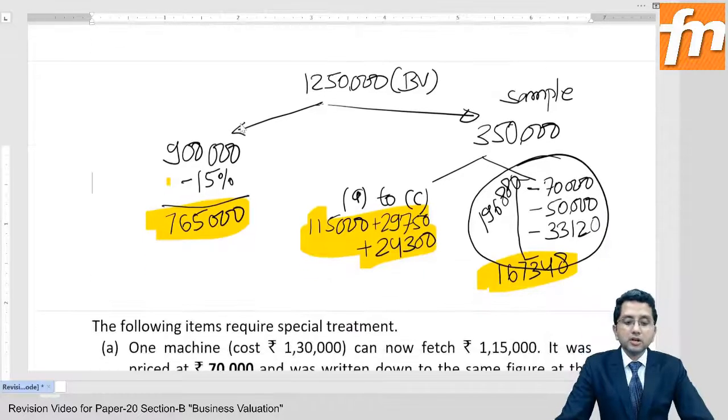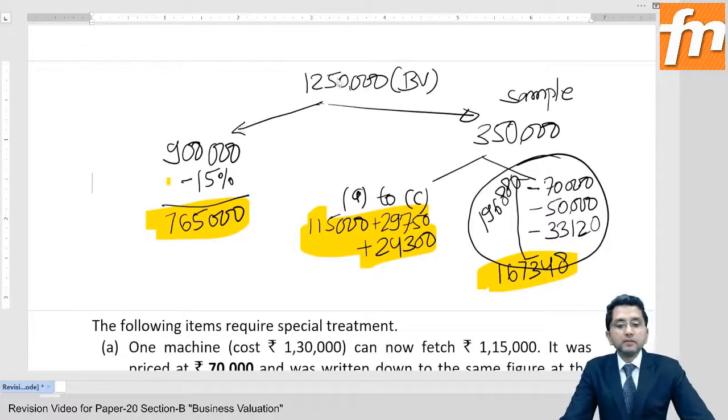You're making valuation of inventory. Book value of inventory is 12,50,000, out of which you take out a sample of 3,50,000. This sample has three special items A, B, and C. Book value of those special items is 70,000, 50,000, 33,120.